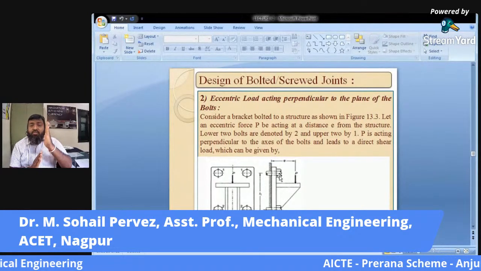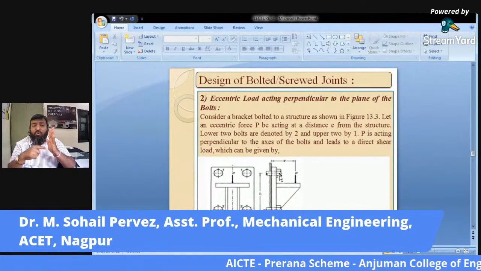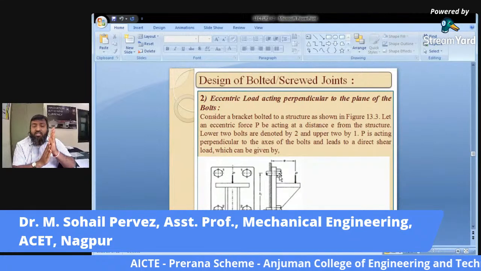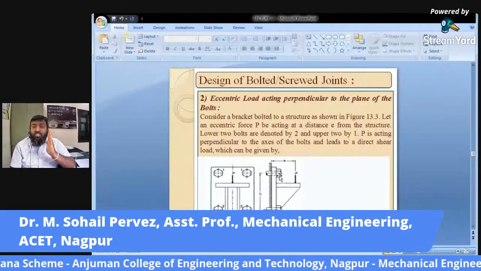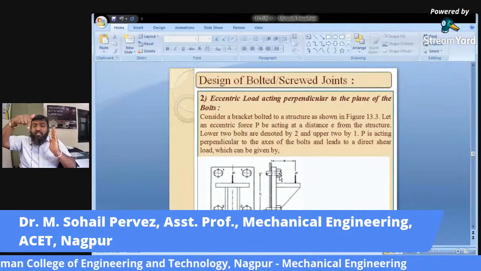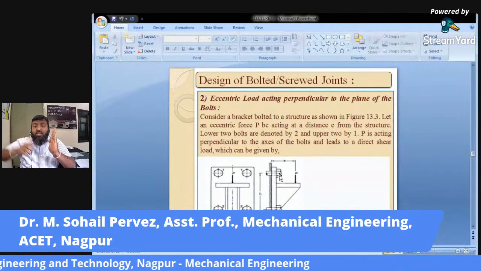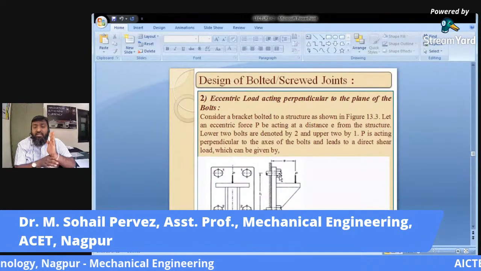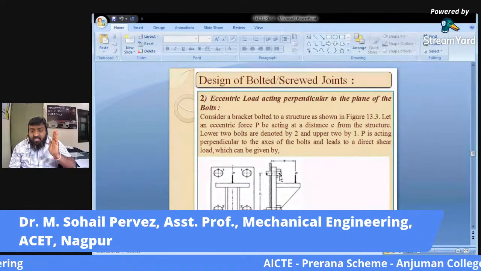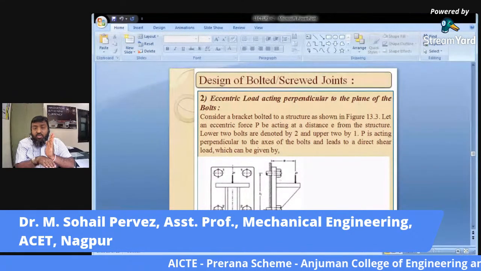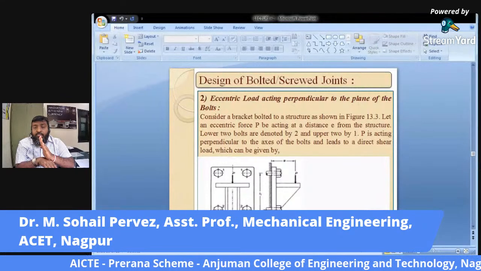The secondary one is, with reference to this edge C, the eccentric load will try to overturn the bracket.